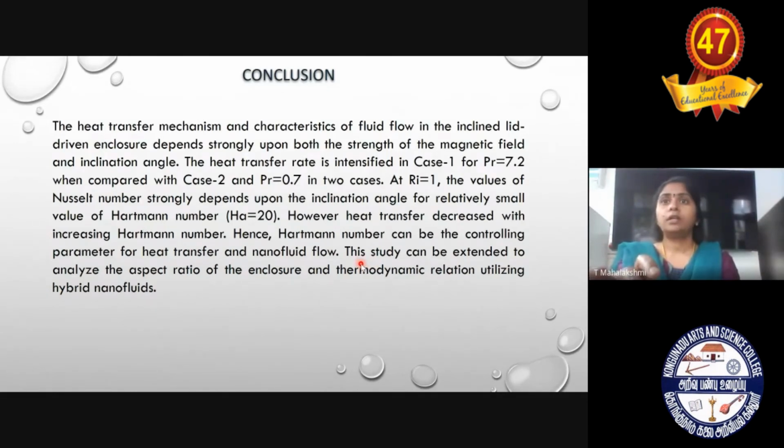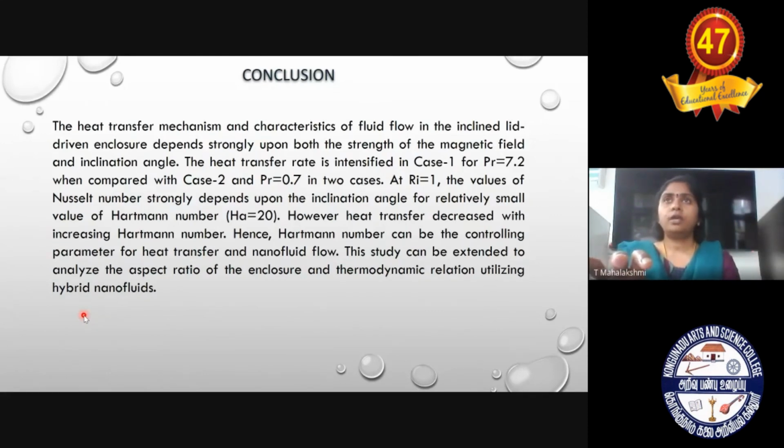So far we have been using the nanofluid alone in the base fluid. Next we can try with the hybrid nanofluid. So for the next problem, I'm going to consider the hybrid nanofluid. A hybrid nanofluid is nothing but two different types of nanoparticles combined, which must undergo some process.